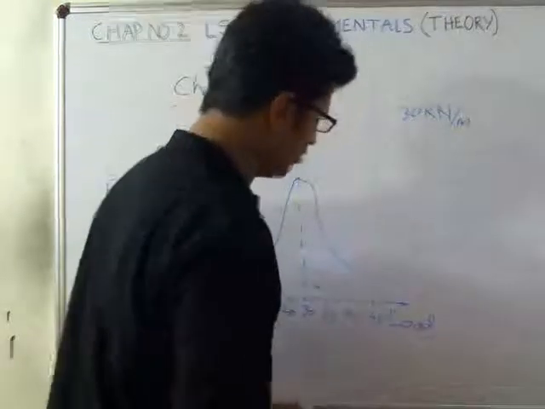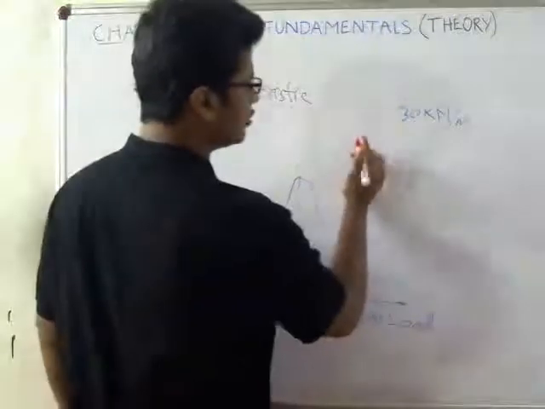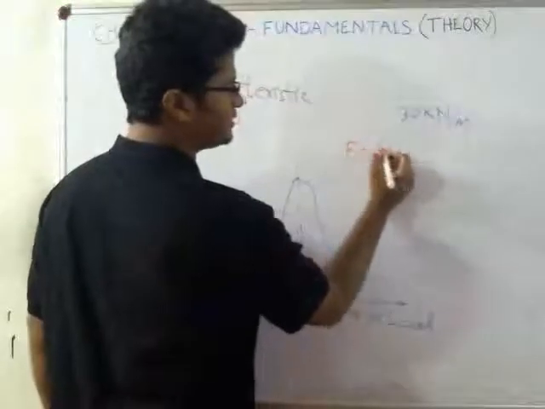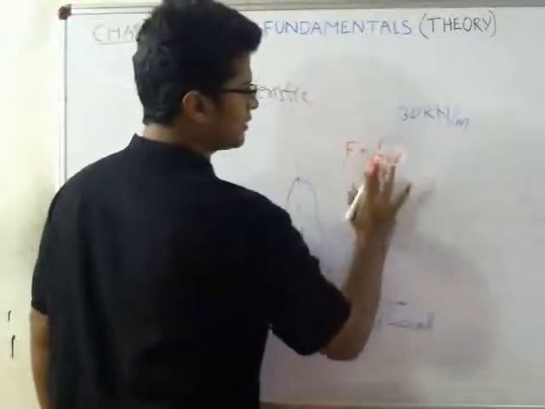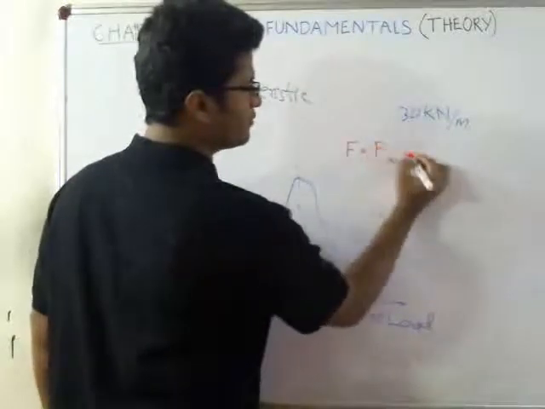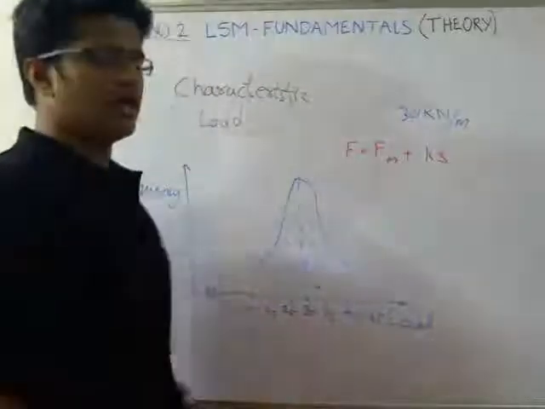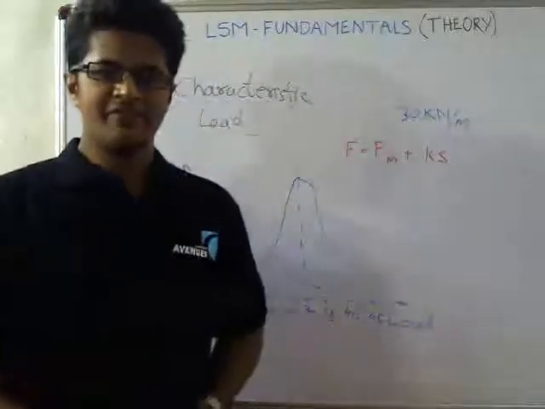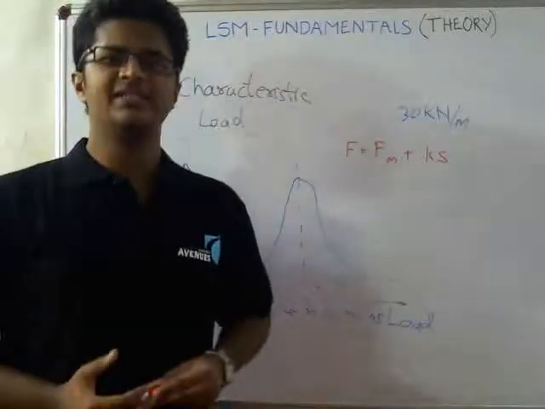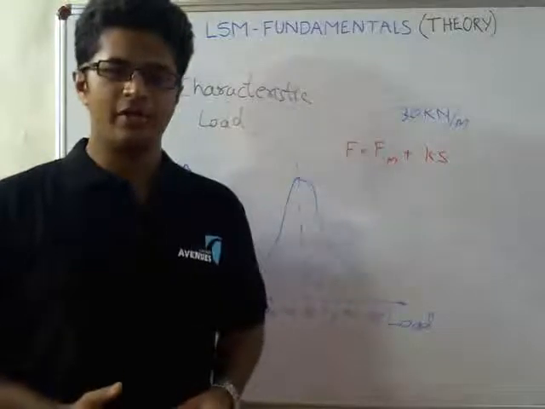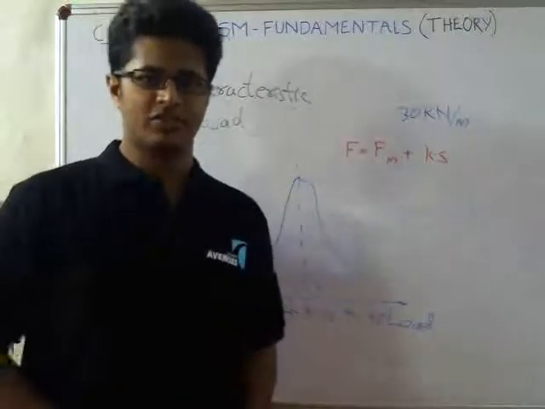Since it is load, the formula for characteristic load was F is equal to Fm plus Ks. Now as I have said, there is 95% probability of that value not being crossed in the entire life of the structure.